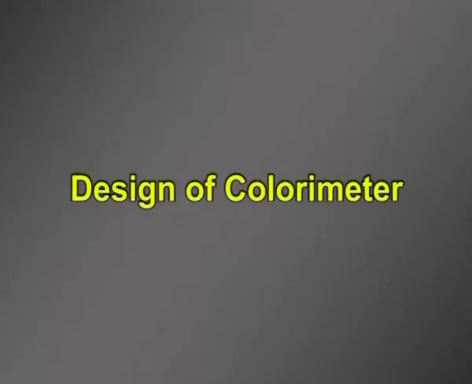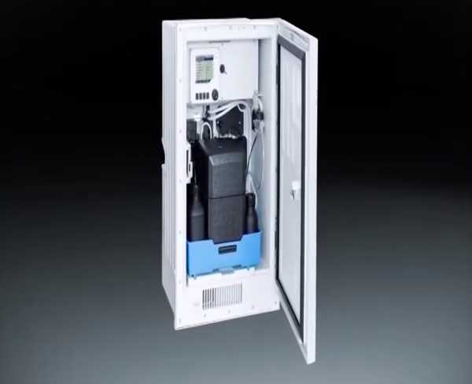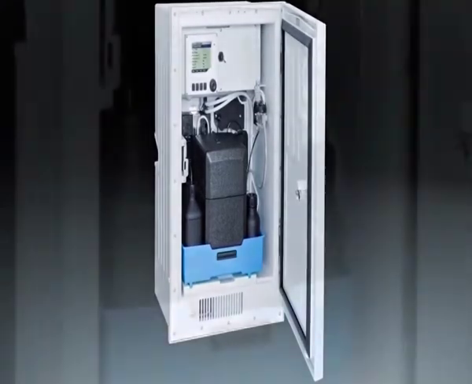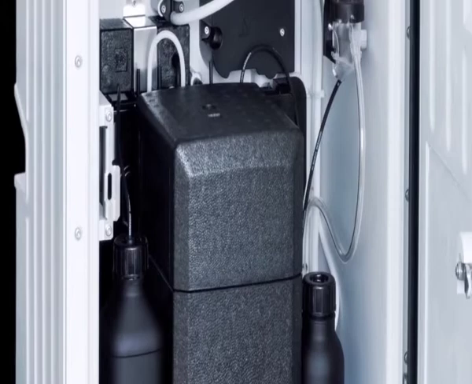Design of colorimeter. The three main components of a colorimeter are a light source, a cuvette containing the sample solution and the photocell for detecting the light passed through the solution. The instrument is also equipped with either colored filters or specific LEDs to generate colors.